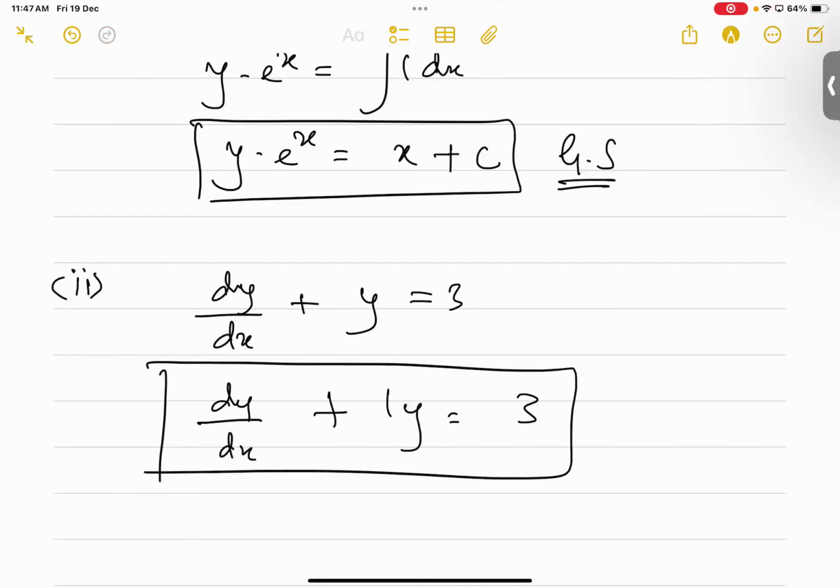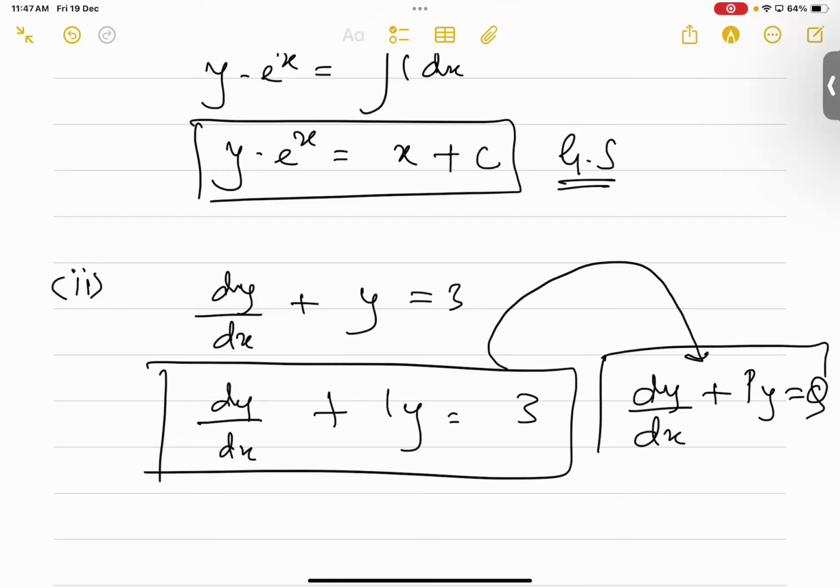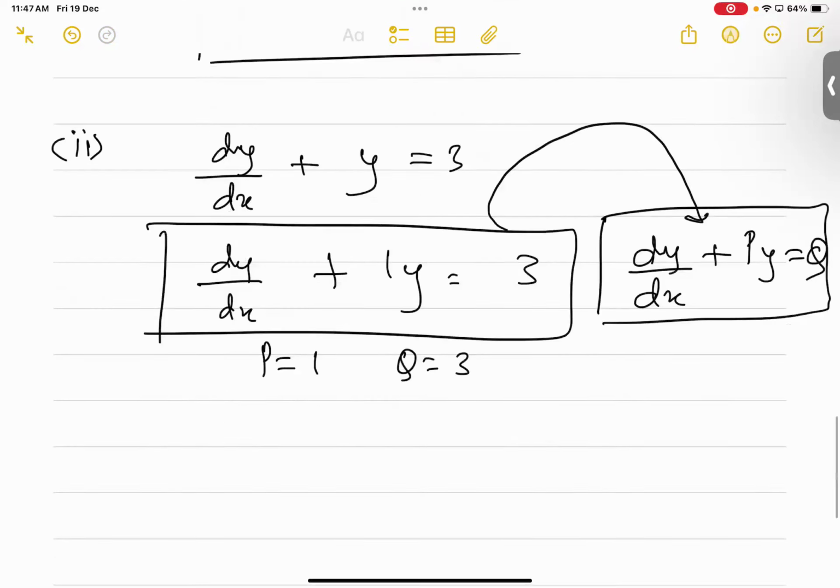Is this of the format dy by dx plus py is equal to q, where p and q are functions of x or constants, and there will be a single y? So what is p? 1. What is q? 3.